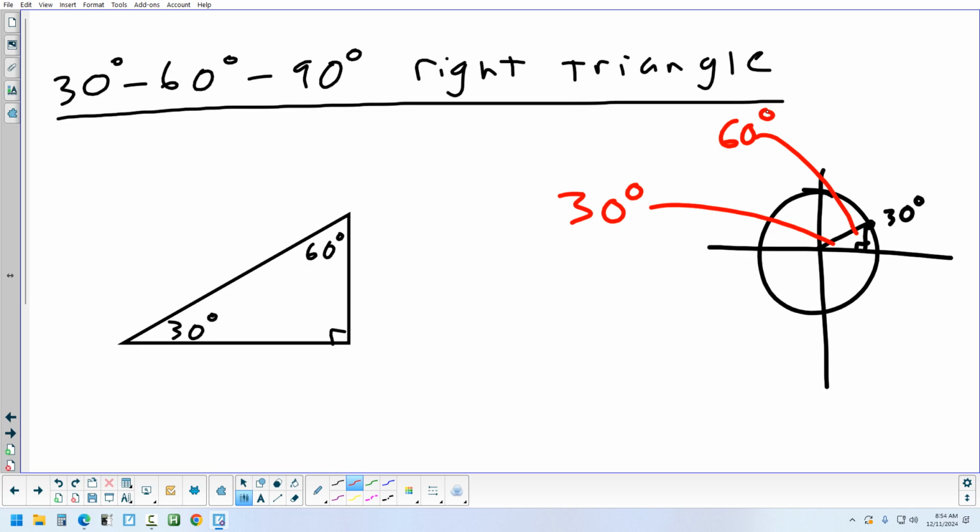Like if this is 0, that's 30, 90, 180, 270. Okay, just the 30-degree mark on the circle. Any other question on that? That's important to understand. Okay. So the 30 on the outside, that's just marking the position going around the circle. When I make the actual triangle, the 30 is tucked in towards the origin, the 60 is up at the top, and the 90 is at the bottom.